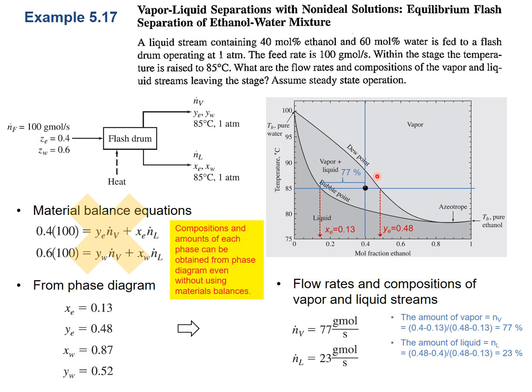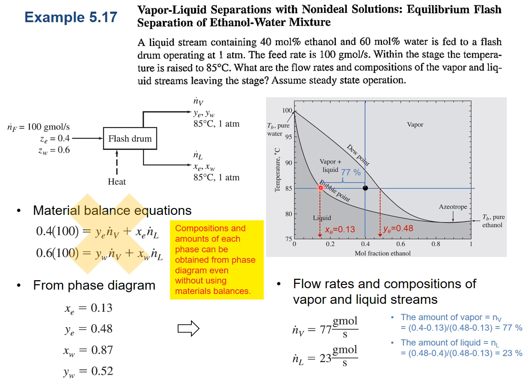So what is the point we should have for these situations? At the flash drum, we are trying to make an equilibrium, which is set up at 85 Celsius degree. And also, the composition of ethanol is 0.4. So we are here, and this point is split into 2 points. One point is going to the liquid part, and the other point is going to the vapor side.